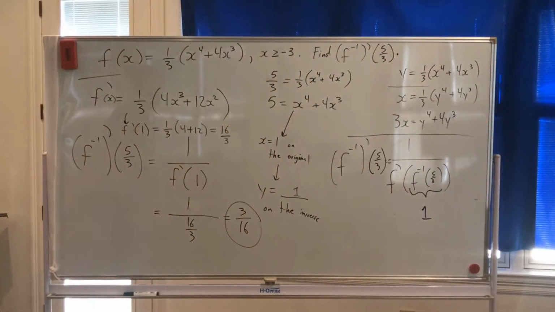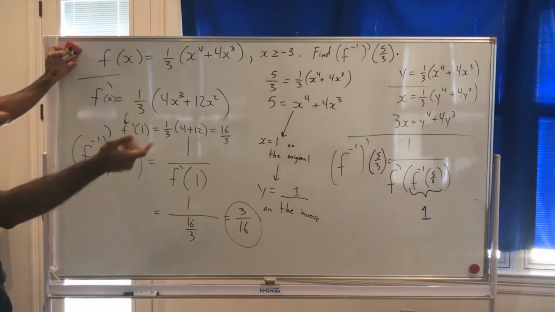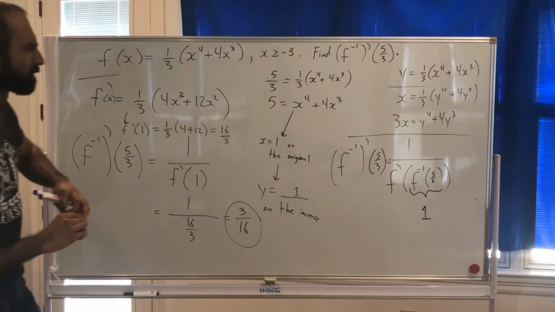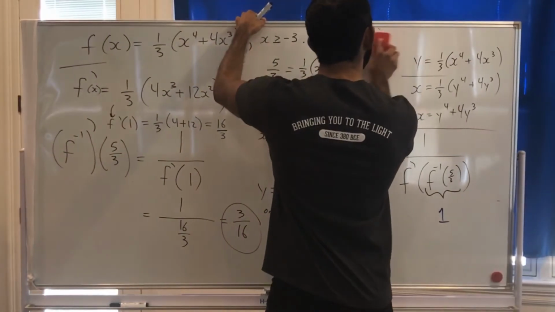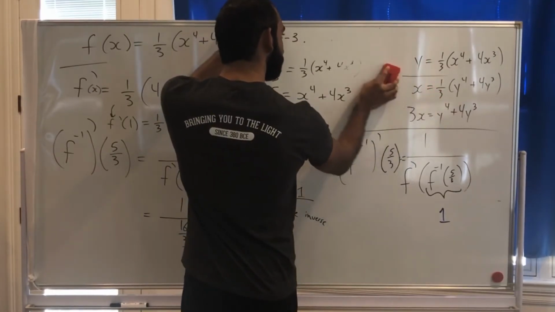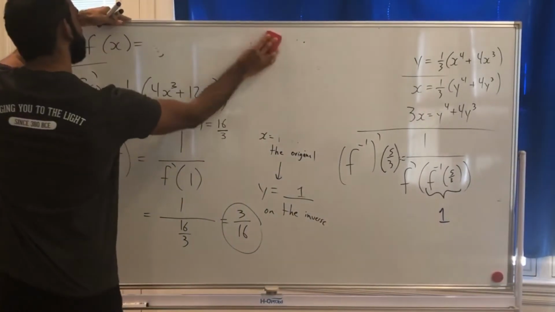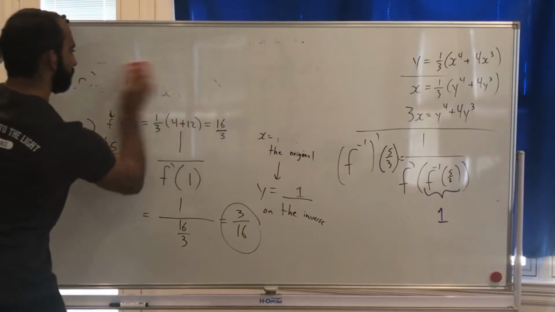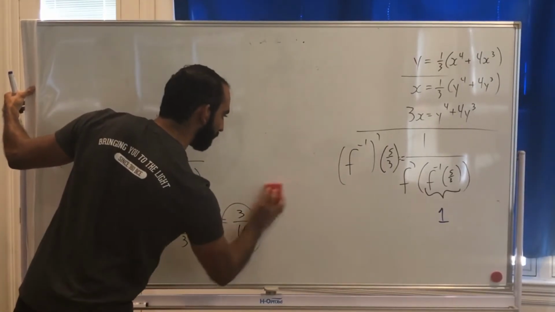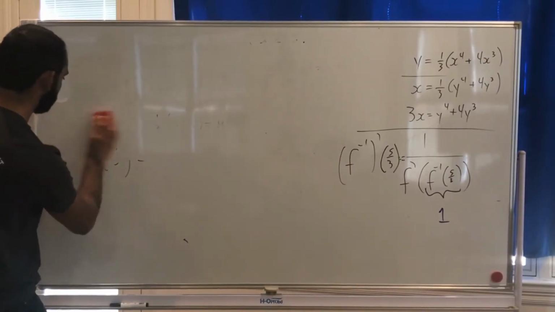Okay, now notice, there's also another way to do this without your prime notation running around everywhere. If I were to start with this function here, not the original, but the inverted expression, where you swapped your x's and your y's. I have a question about the notation.